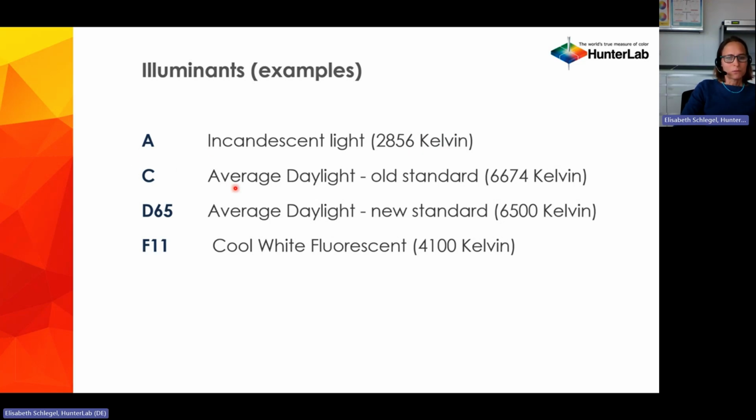So C was average daylight, an old standard, so it's sometimes used for old standards perhaps, but normally you're using D65 for average daylight, and that's named 65 because it's corresponding to 6,500 Kelvin here. And here we have the cool white fluorescent at 4,100 Kelvin. So these are some examples which are often used.